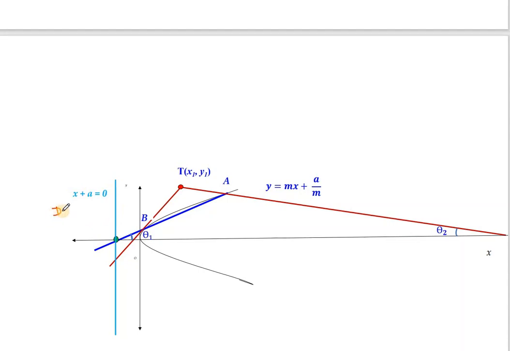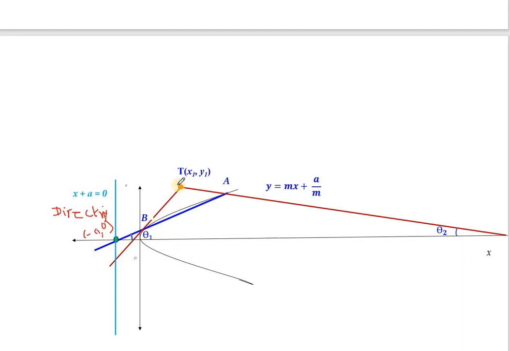We have to show that the point of intersection is this one, which is a point on the axis as well as on the directrix. So this point is exactly (-a, 0). So we have to establish that the chord of contact passes through this one.